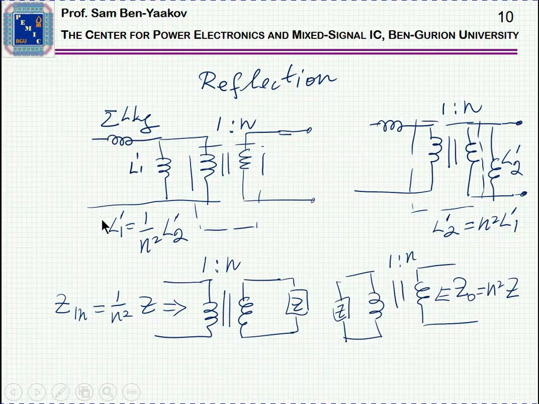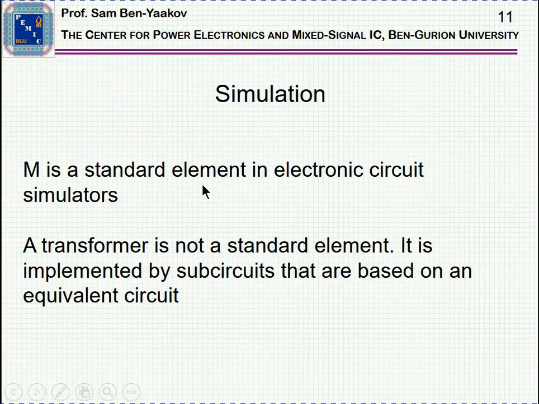It really doesn't matter as far as the operation of this circuit goes. Sometimes it's easier to see what is going on when the impedances or the inductances are on one side or the other. Let me move to the area of simulation.